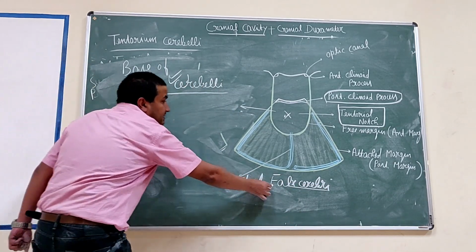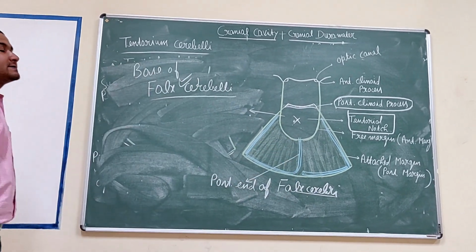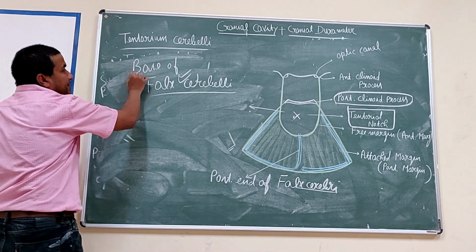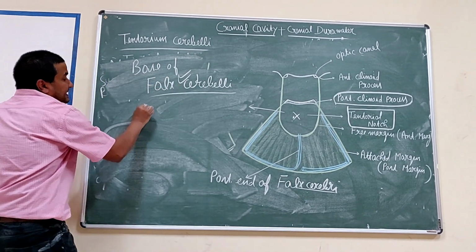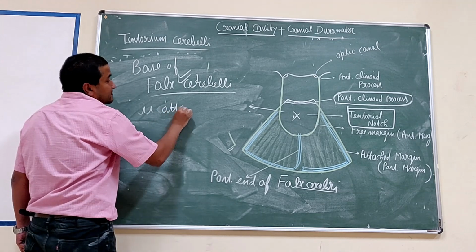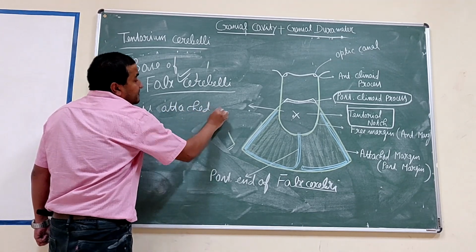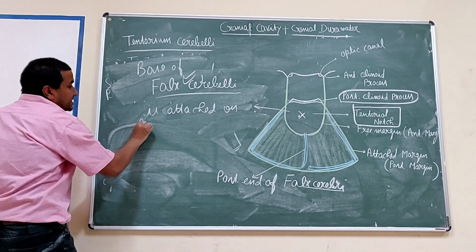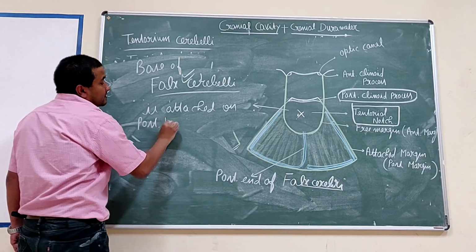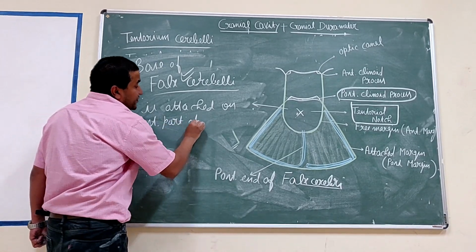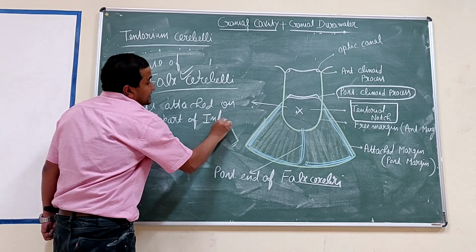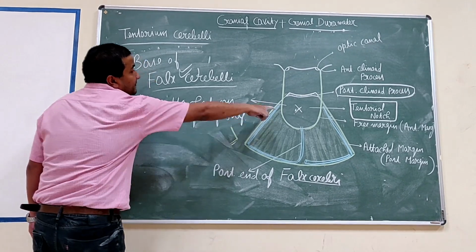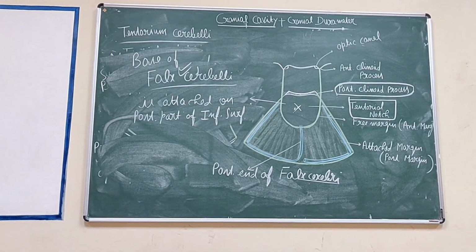The falx cerebri is attached on the superior surface, and the base of the falx cerebelli is attached on the posterior part of the inferior surface of this tentorium cerebelli.